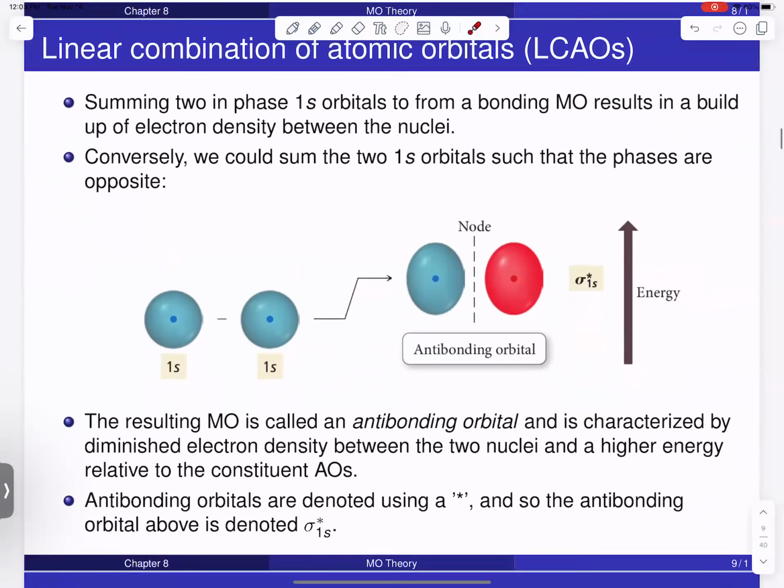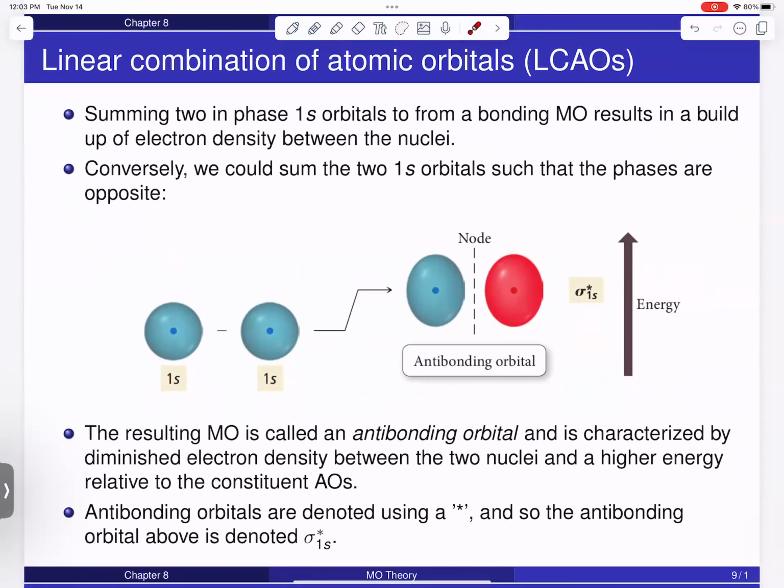Now, here's the thing, okay? When we add two orbitals together, we got that bonding orbital. But there are other options as well. If we take those two 1s orbitals and subtract the two, so take the difference between the two, you're basically adding them together, but one of them is out of phase. The result of subtracting orbitals, or taking this out-of-phase combination, is that you create a node.